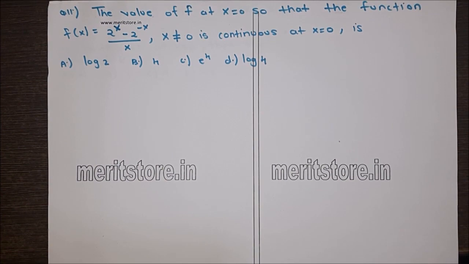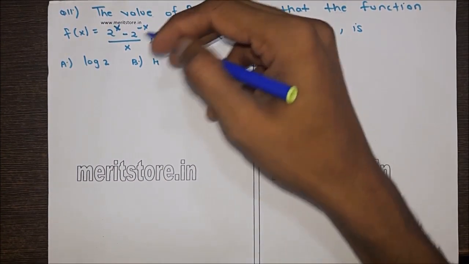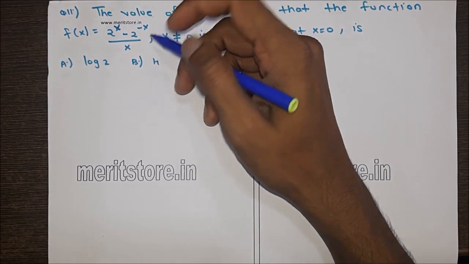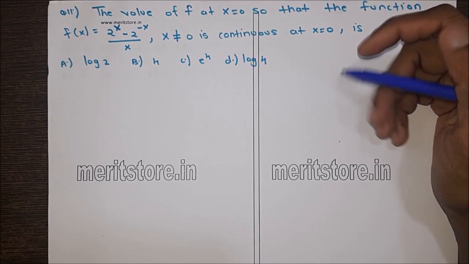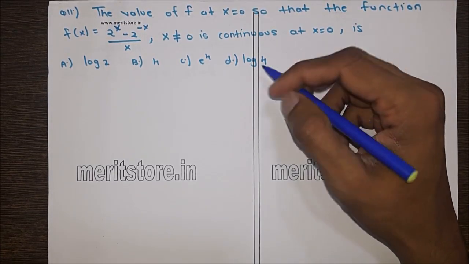Question 11. The value of f at x is equal to 0, so that the function f of x is equal to (2 raised to x minus 2 raised to minus x) upon x, where x is not equal to 0, is continuous at x is equal to 0. As we're given 4 options over here.